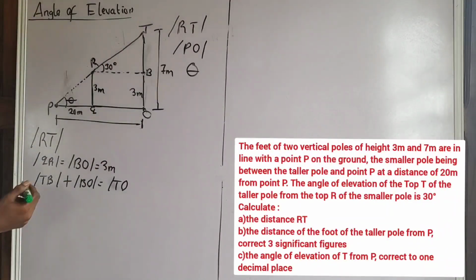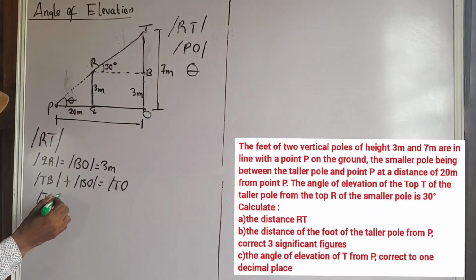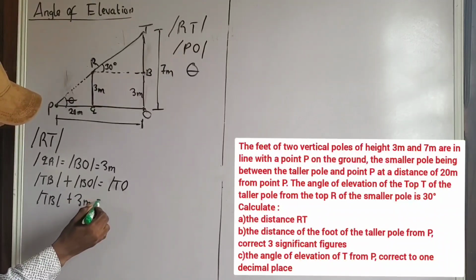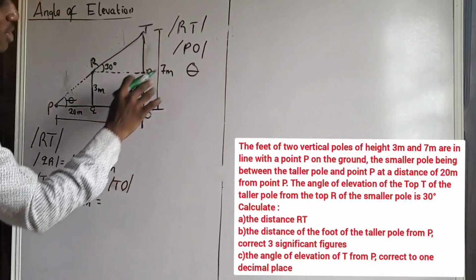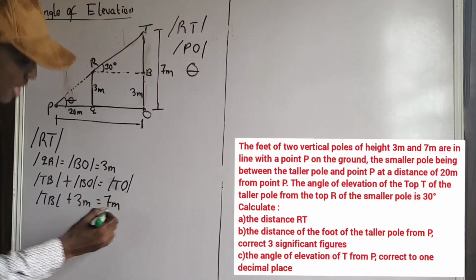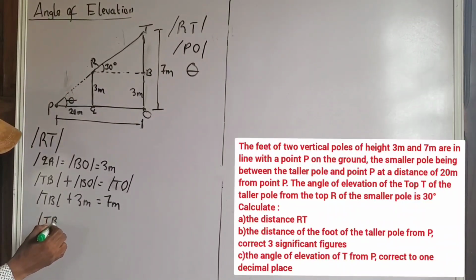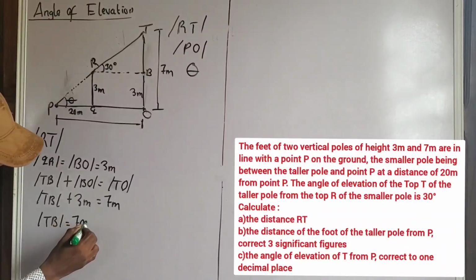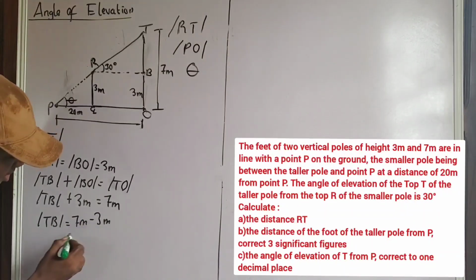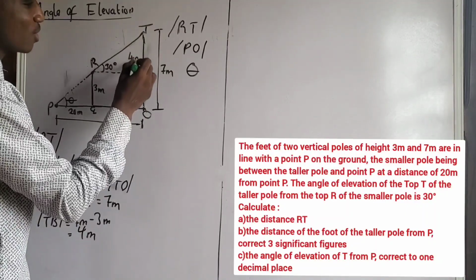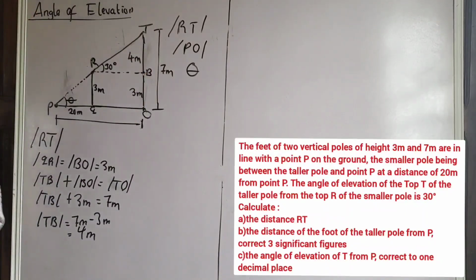So line TB we don't know. Line TB plus 3 meter equals line TO, which is 7 meter. So line TB equals 7 meter minus 3 meter. That is 4 meter. So the length from this point to this point is 4 meter. We are not done though.